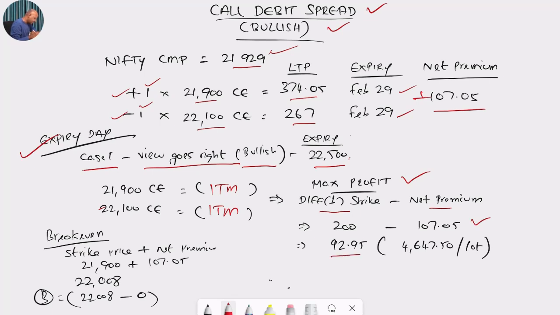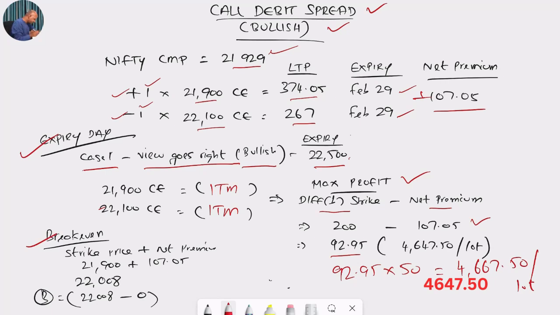So the maximum profit is 92.95 per unit. Multiplying 92.95 by 50, because we have considered one lot, gives 4,647.50 per lot.